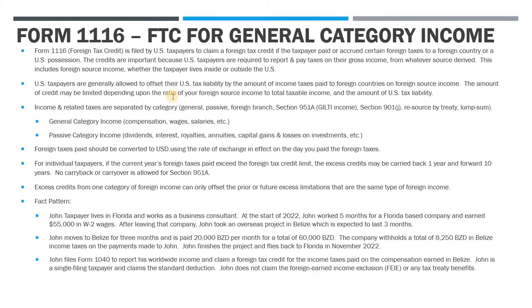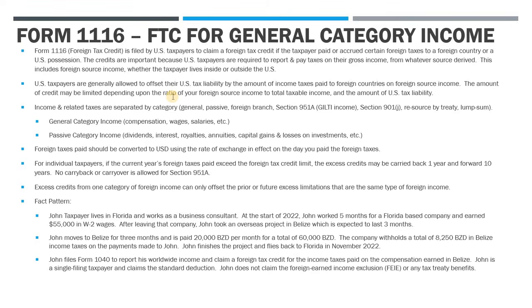And so the foreign tax credit is designed to try to help eliminate or provide some relief on this double tax issue, right? So we can claim foreign tax credits to the extent that those foreign source earnings are subject to the same U.S. taxes. So the amount of the credit is going to be limited in some circumstances, right?